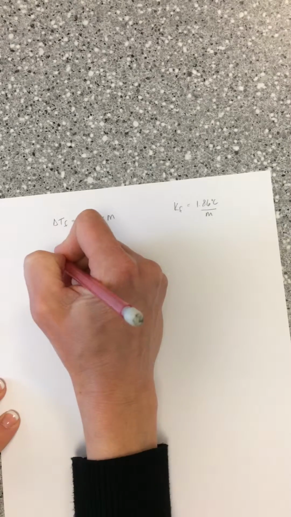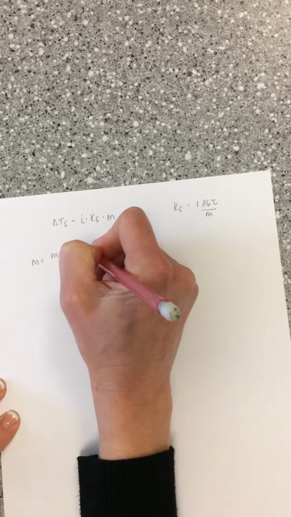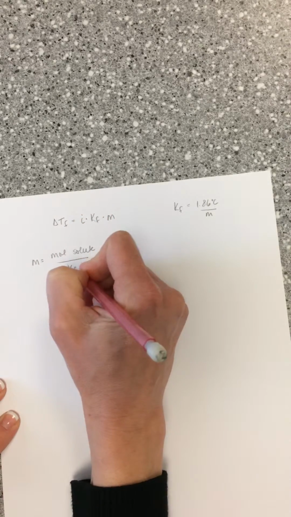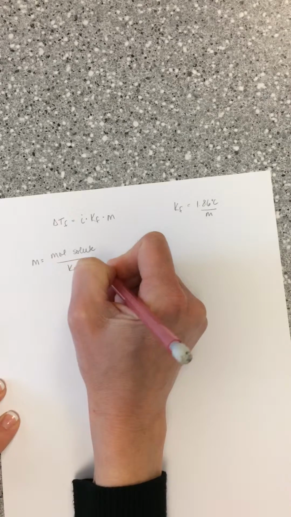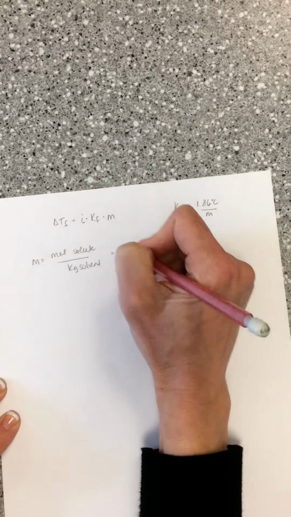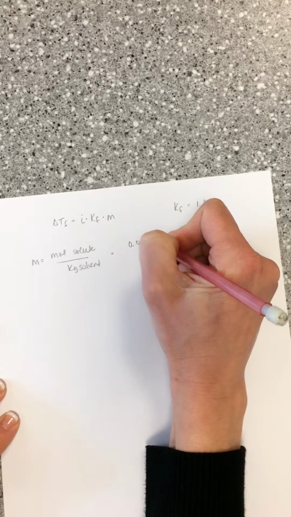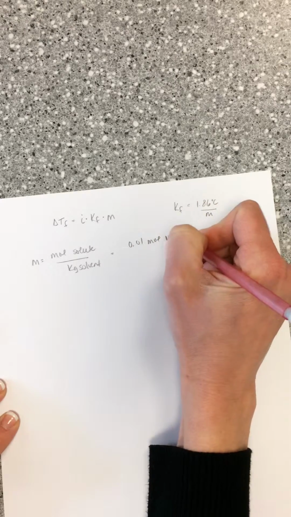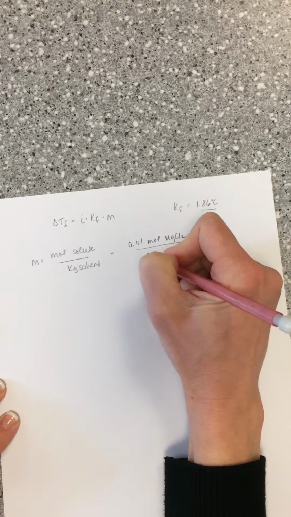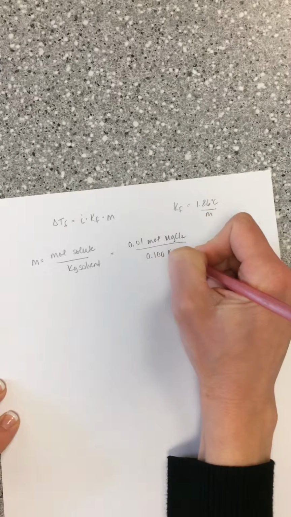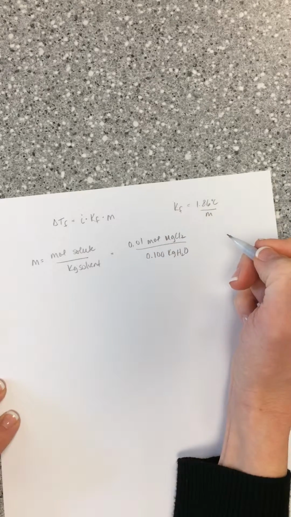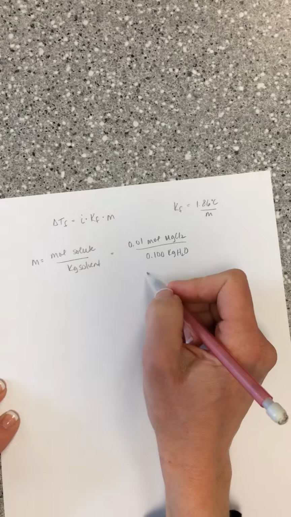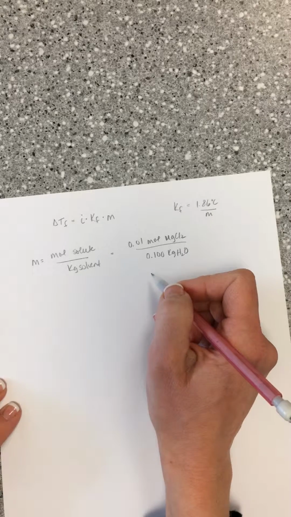So molality is equal to the moles of solute per kilogram of solvent. Well, we just figured out that we have 0.01 moles of magnesium chloride and 0.100 kilograms of water is information that's given to us. They told us that we dissolved this salt in 100 grams of water in a flask.